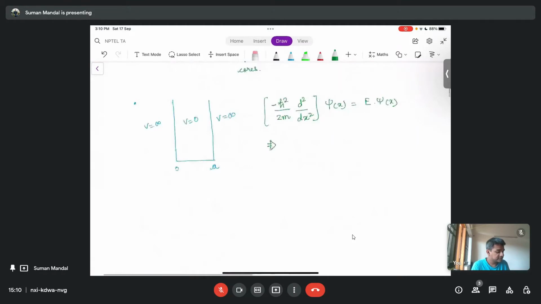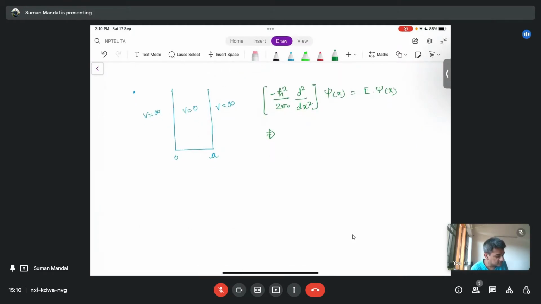Okay. So we can write this equation as d square by dx square of psi of x plus 2mE by h cross square psi of x equal to 0.